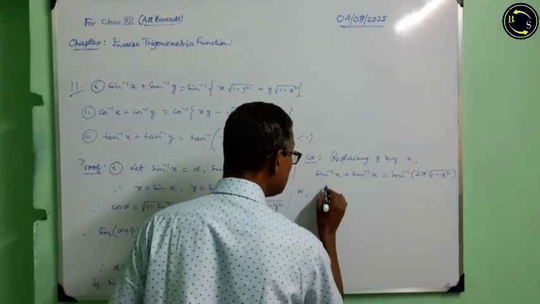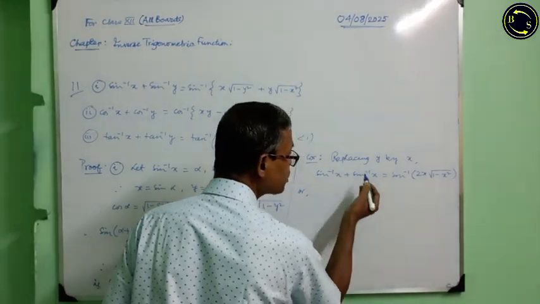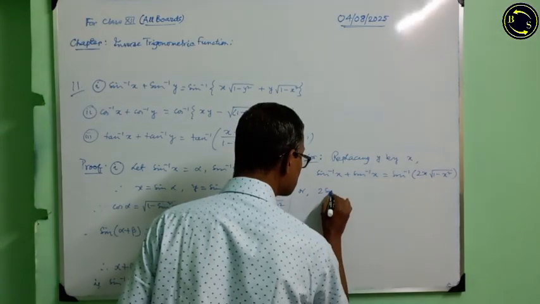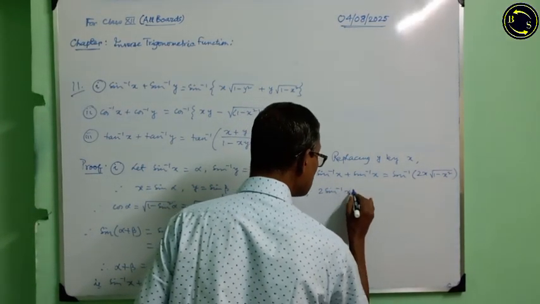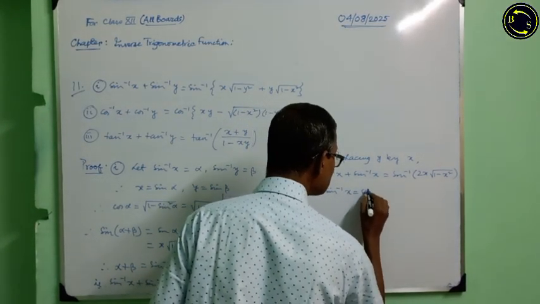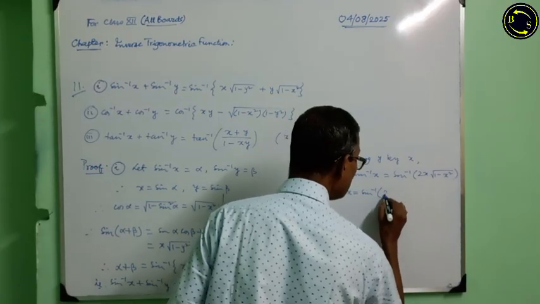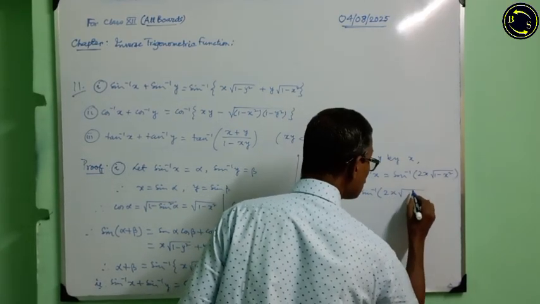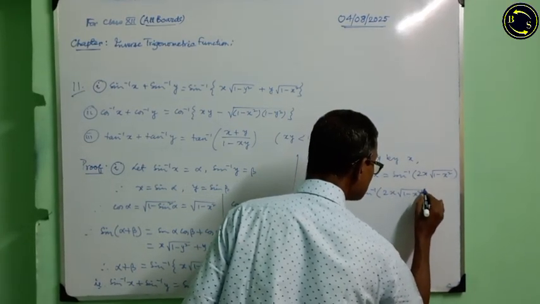Or sine inverse x plus sine inverse x means 2 sine inverse x, that is equal to sine inverse of 2x into root over 1 minus x square.